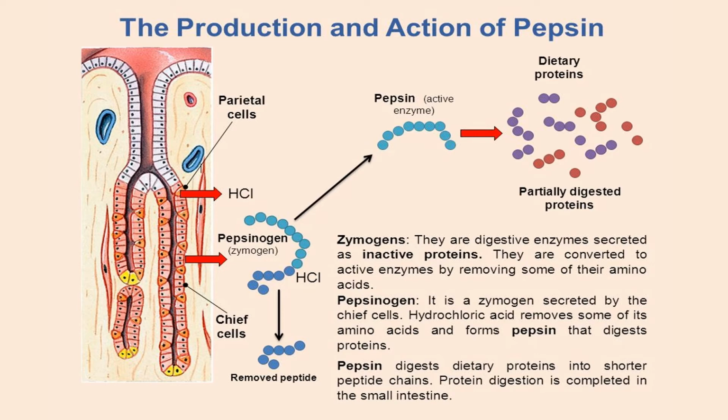The pepsin part is quite a bit bigger. It contains a lot more amino acids, but the key point here is that pepsinogen is not an active enzyme. And this makes sense because pepsin is a very powerful enzyme, and if it was wandering around in the chief cells, it would digest the chief cells. It would break down their proteins. So pepsinogen is an inactive form of an enzyme, and we call these inactive forms zymogens.